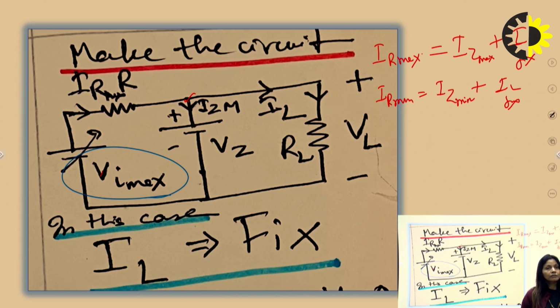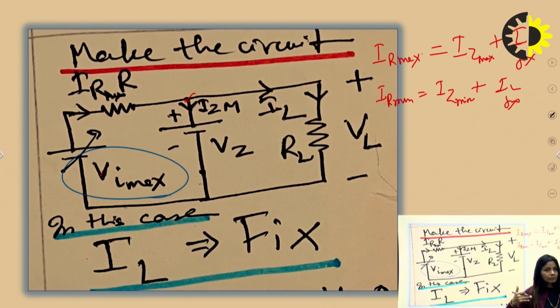You cannot solve without using these considerations. If IR is maximum, then IZ is maximum, because IL is fixed in this case as I have written here. And if IR is minimum, battery is at its minimum value, then IZ will be minimum because IL is fixed for the third case, right? I think it is clear now. RL is fixed.